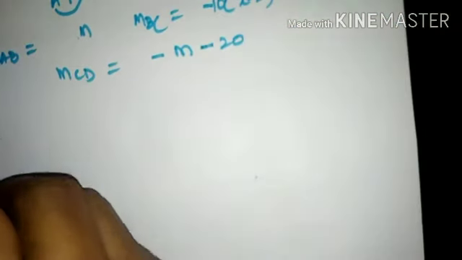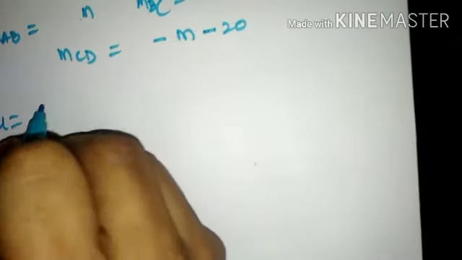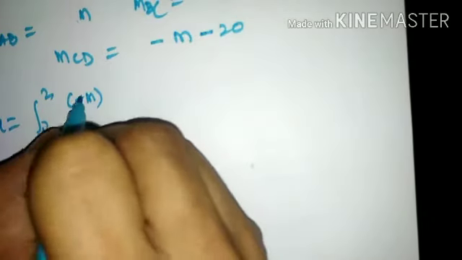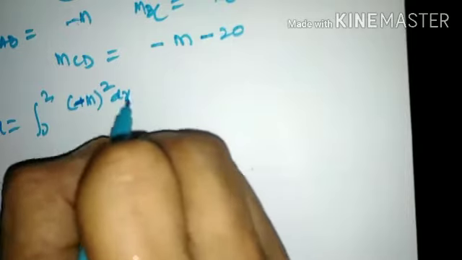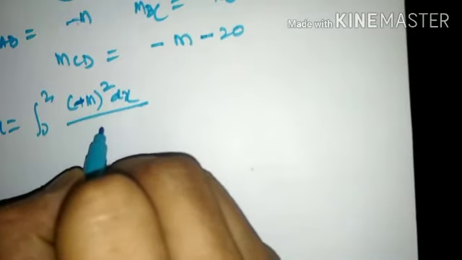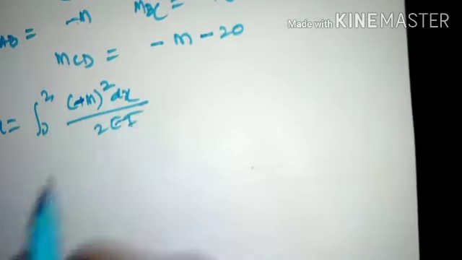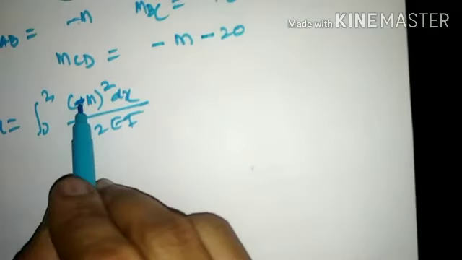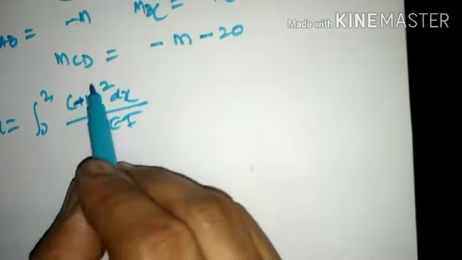When I substitute in the strain energy expression, this is 0 to 2, minus M, the whole square dx divided by 2EI. This minus anyway will come out positive because it is going to be squared.